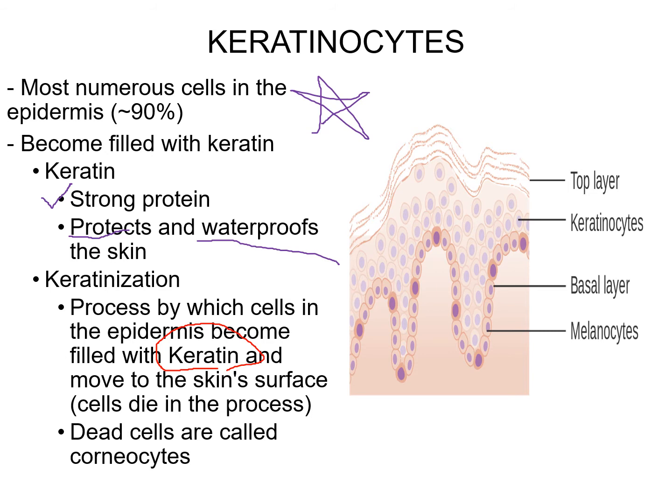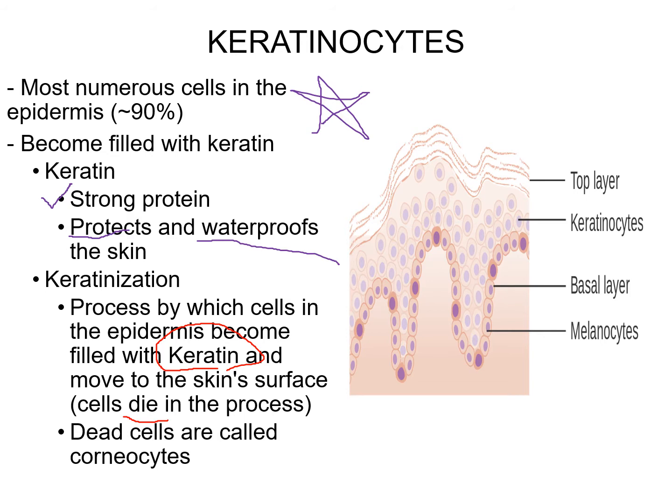And once again, all of those organelles kind of die in the process of this. But that's okay because it's the outside layer of our skin. Its only job is to protect you. And this is the best way to protect you, is to just make the cell really, really tough and hard.